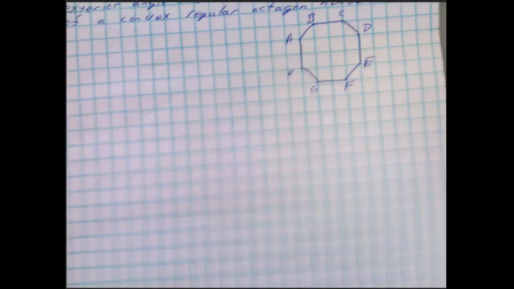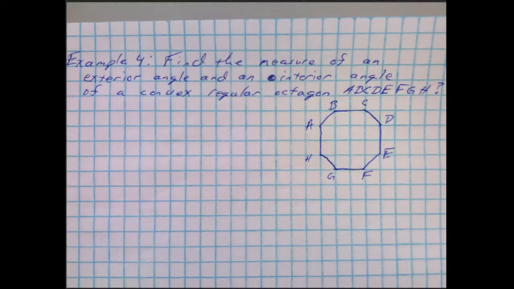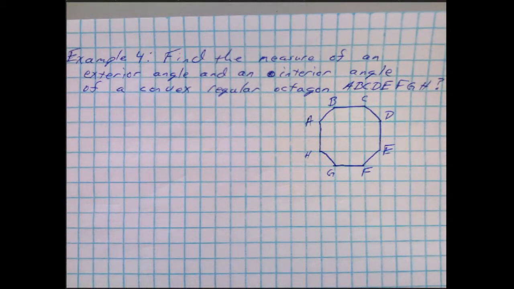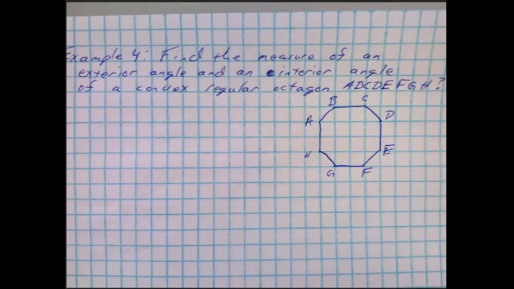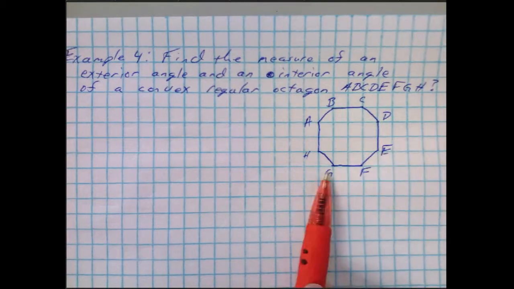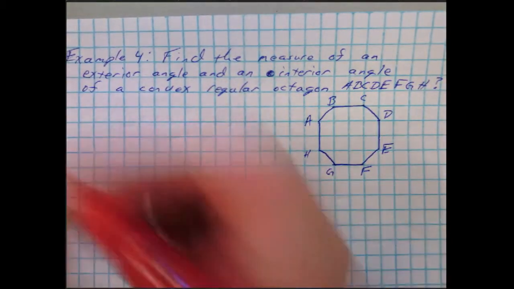Let's do one more. For this one, we're going to find the measure of an interior angle and an exterior angle for a regular octagon. Okay, so we know that there are 8 sides, and we know that the total is 360 for our exterior.